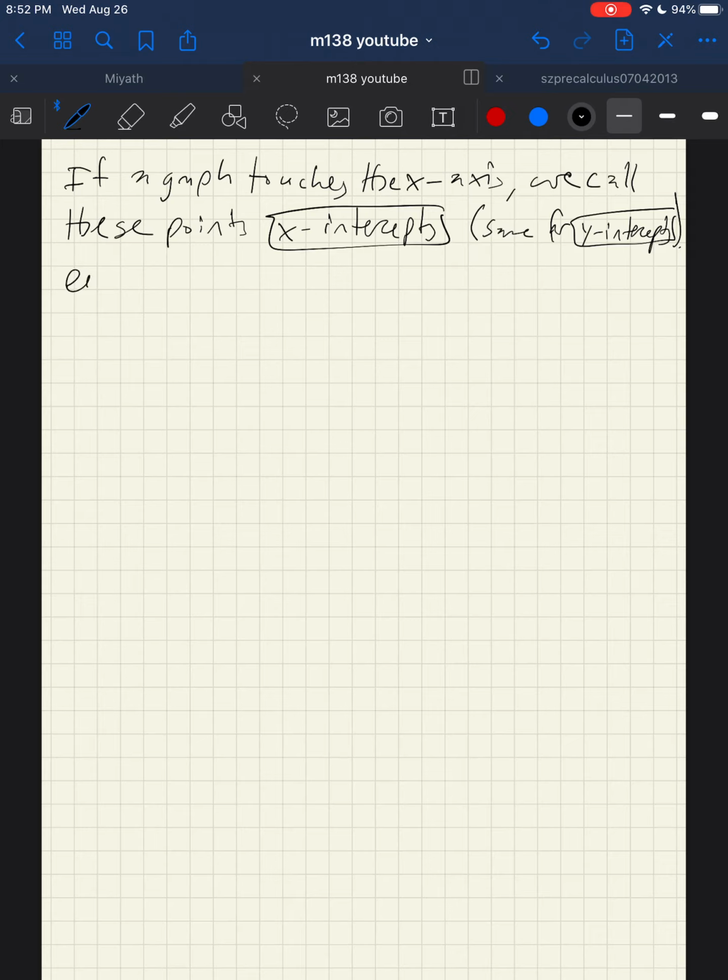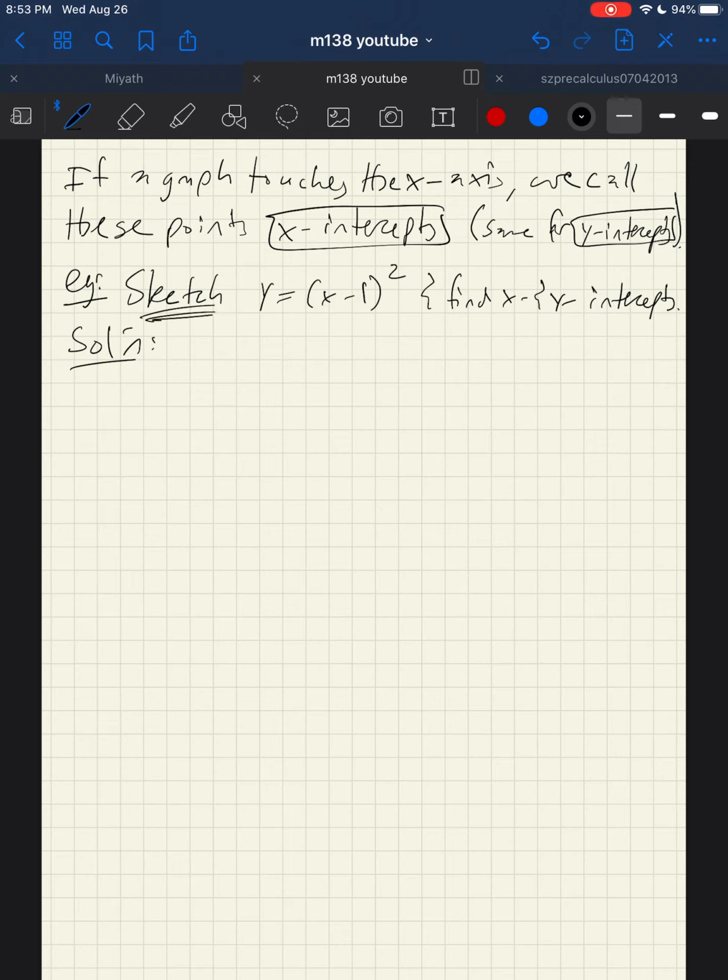So let's do an example. We're going to sketch a graph of y equals (x minus 1) squared minus 2 and find its intercepts. All right, so to do this, emphasis on the word sketch.